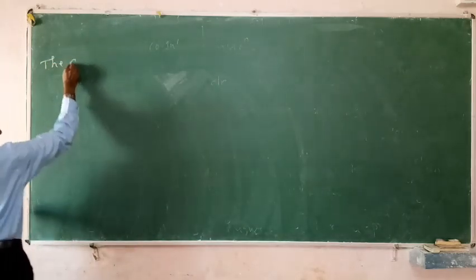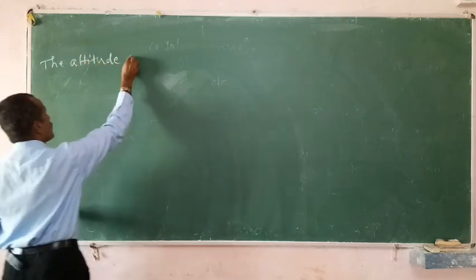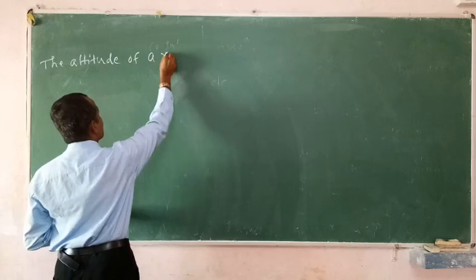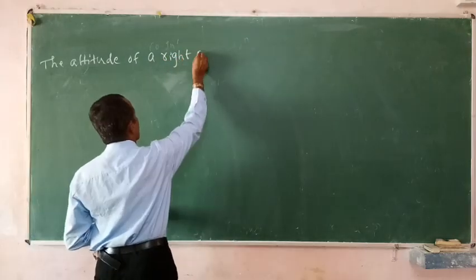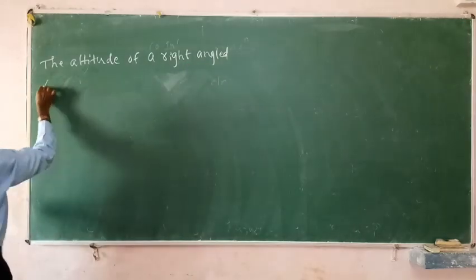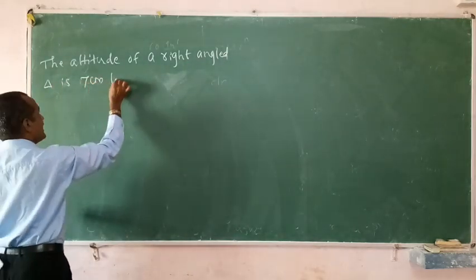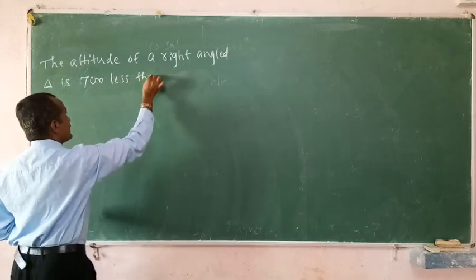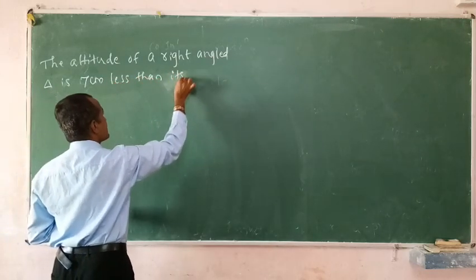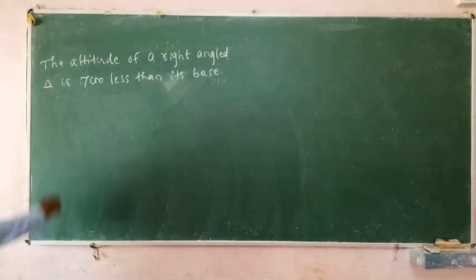The altitude of a right angled triangle is 7 centimeter less than its base. 7 centimeter less than its base.